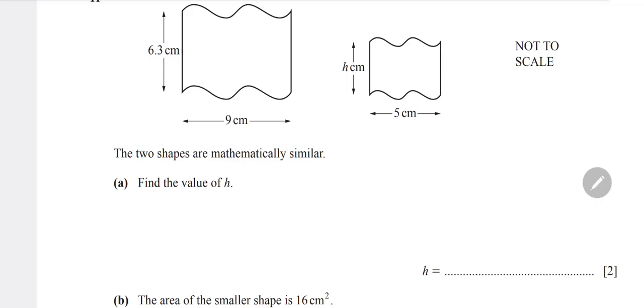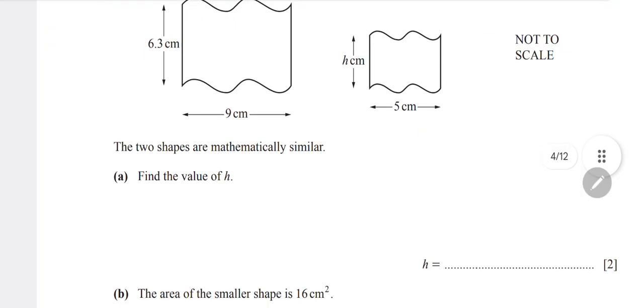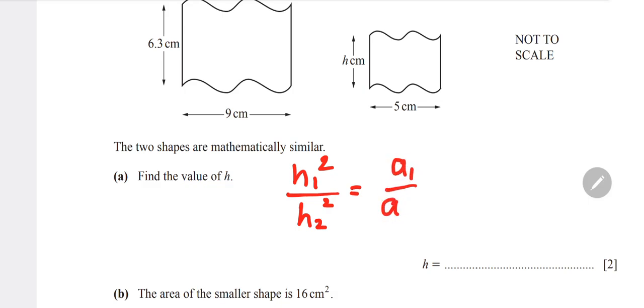You take the corresponding heights: h1 squared, where h1 is the smaller, upon h2 squared, where h2 is the greater one, is equal to area 1 upon area 2. I let area 2 be the larger one.